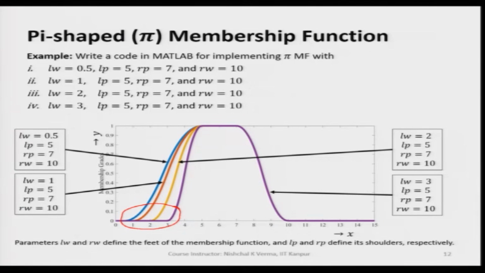So, that is why only the left feet is changing, and the rest of the things remain the same for this pi membership function. If we see here, in all 3 cases the right feet remains the same, the left shoulder remains the same, and the right shoulder remains the same.